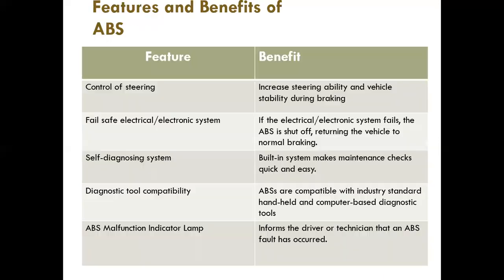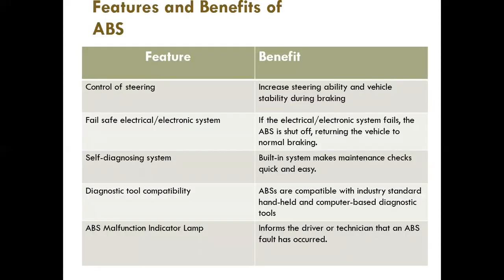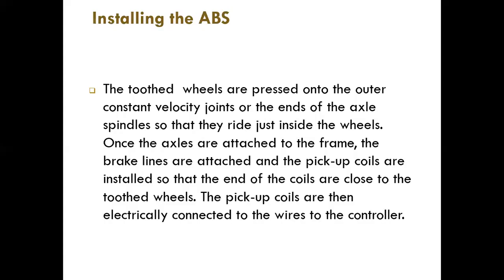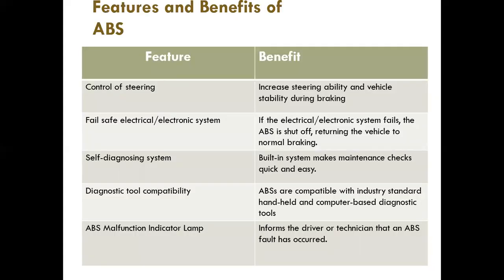The main features of ABS are control of steering, fail-safe electrical system, self-diagnosis system, diagnosis tool compatibility, and ABS malfunction lamp. These features are done by the ABS. This is the concept of features and benefits of ABS. Nowadays all vehicles are equipped with the ABS system.